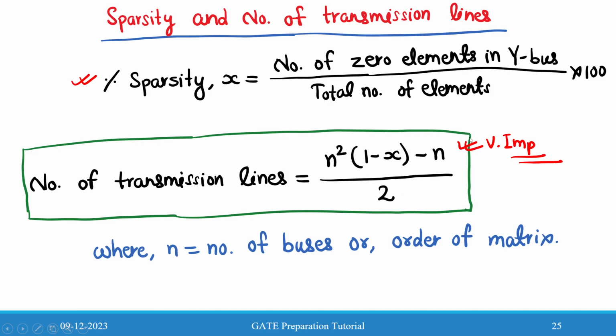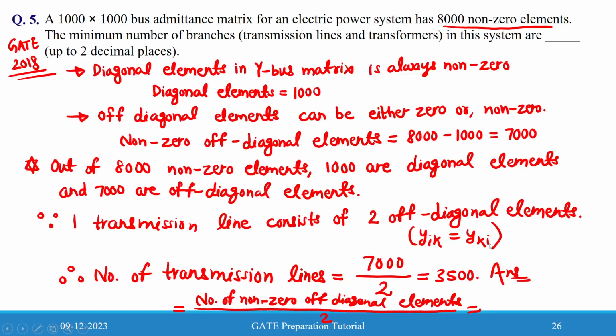If you want to remember this expression then it is very good, otherwise you can also directly solve by knowing the concept of finding the bus matrix. Here y and n are the number of buses or order of the matrix. So based on the sparsity of the matrix, let us solve it this way.